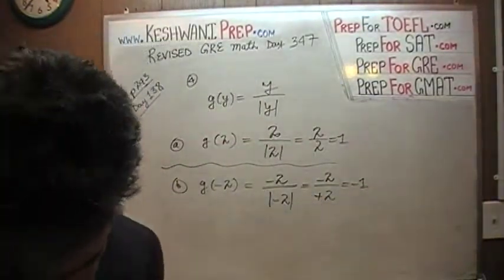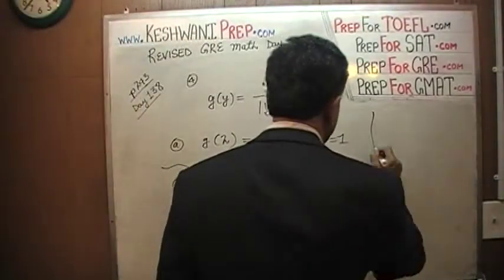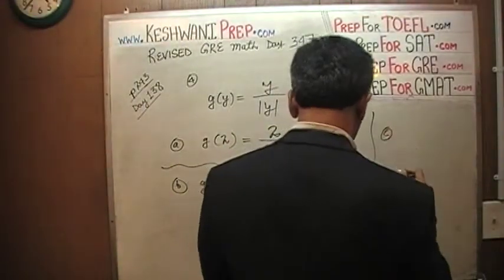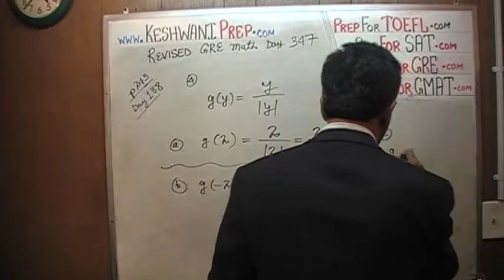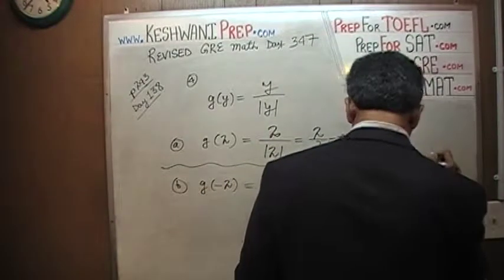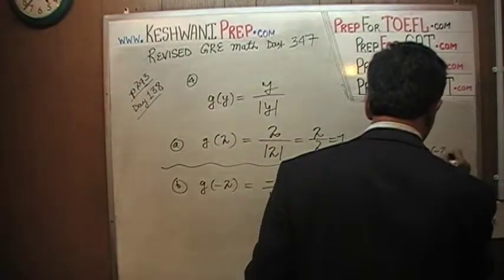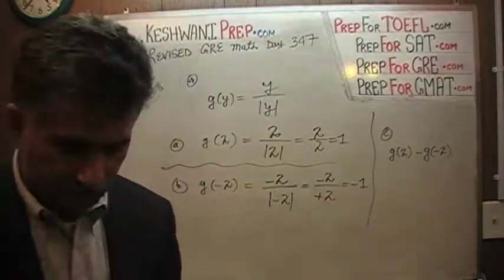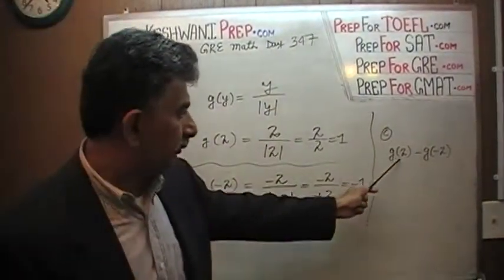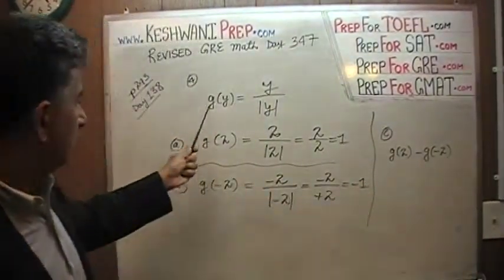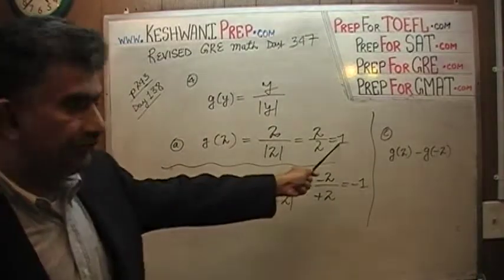Let's do part C. In part C, we are being asked to find g of 2 minus g of negative 2. We just found out g of 2 is 1.